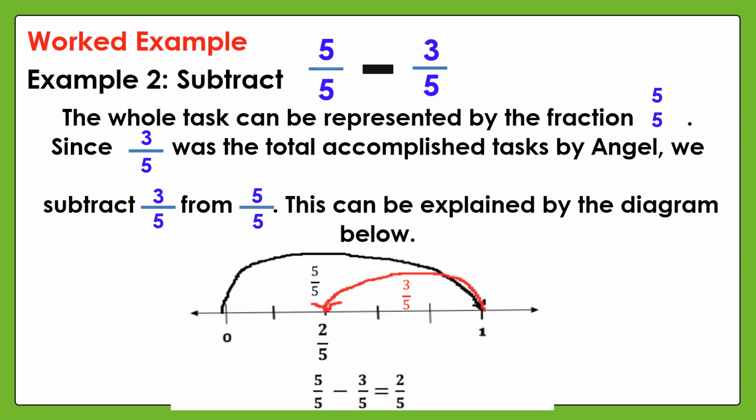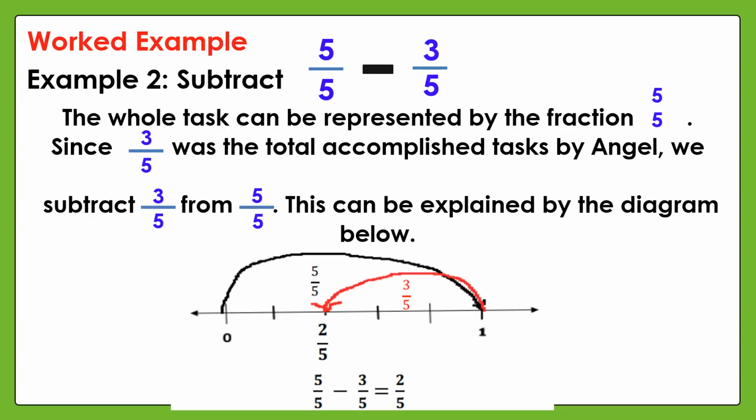Example number 2, subtract 5/5 minus 3/5. The whole task can be represented by the fraction 5/5. Since 3/5 was the total accomplished task by Angel, we subtract 3/5 from 5/5.